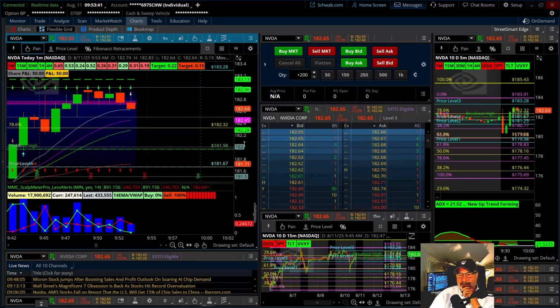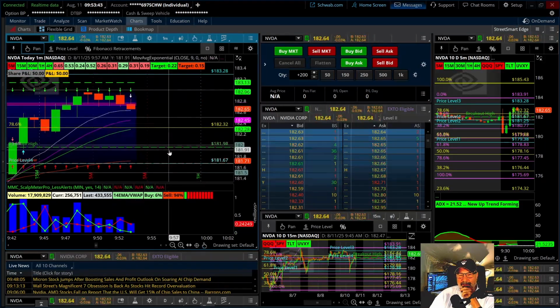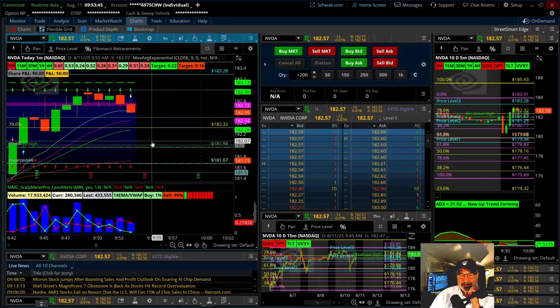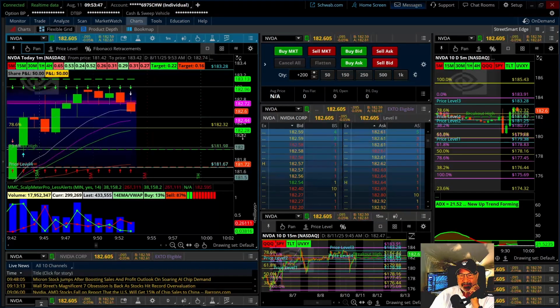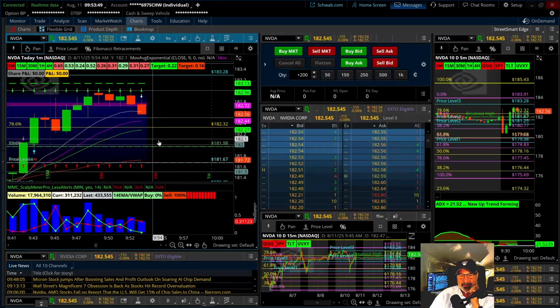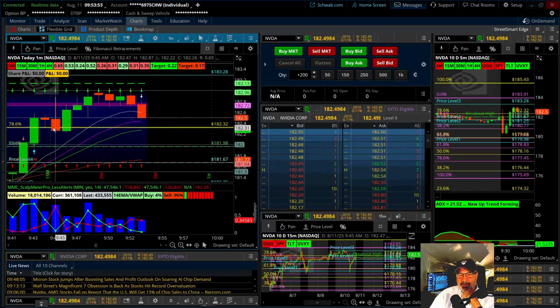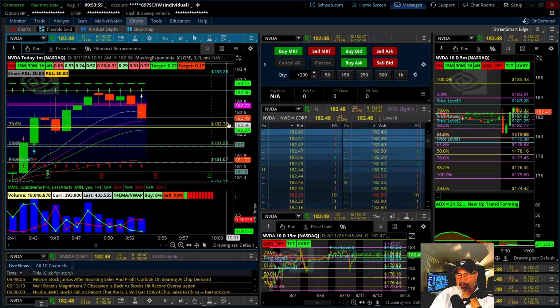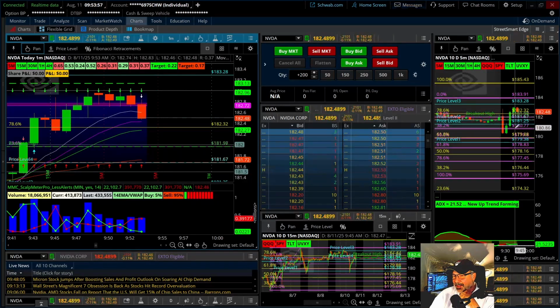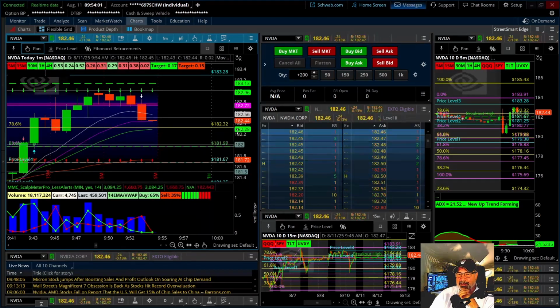Maybe go long off the fib if it gets down here. Wait it out. It's 182.32. It did stall there a bit before. It does have some room to retrace all the way down to 180.